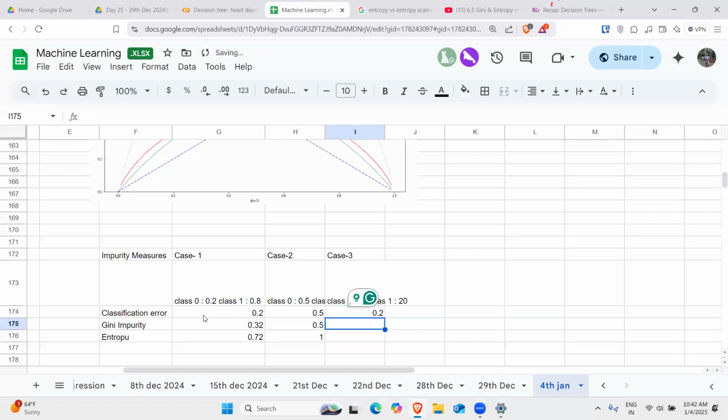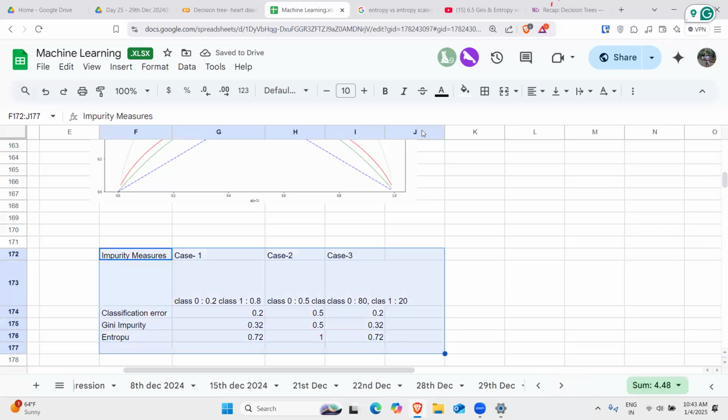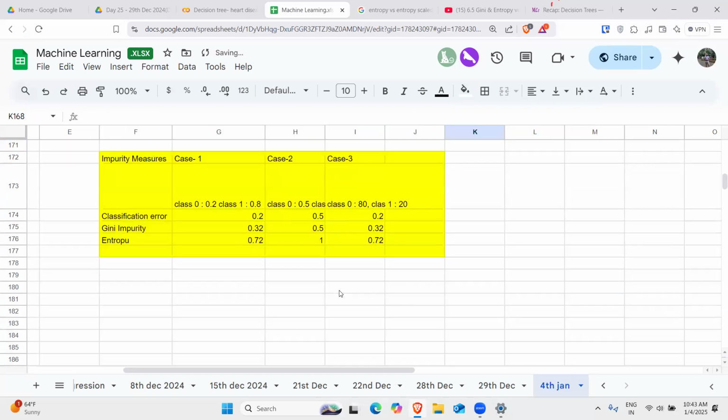So 0.2, 0.32, 0.7, right? And if you just take this out, you can see for a completely non-homogeneous data with equal class distribution, the value of classification error and Gini impurity are the same, 0.5, and entropy is 1.